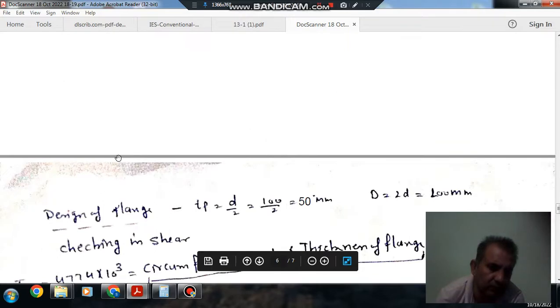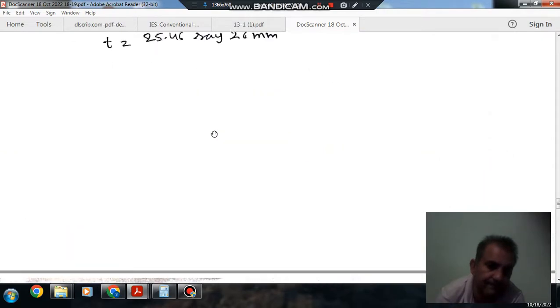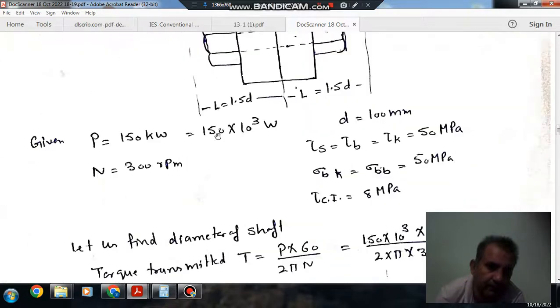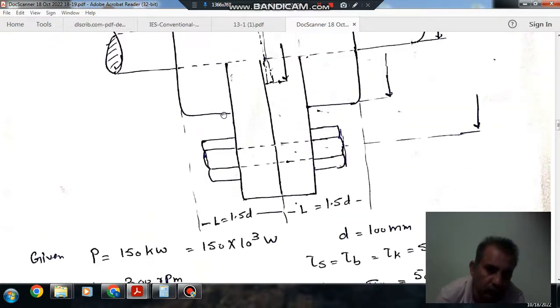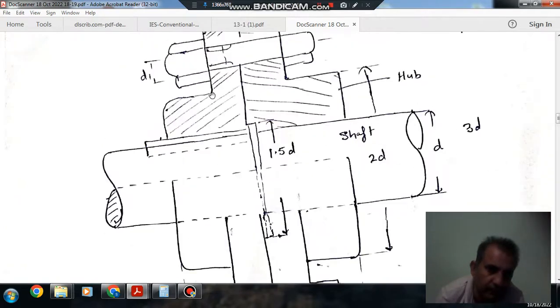The next step is to design the flange. This is your flange. The flange can fail here, or here.